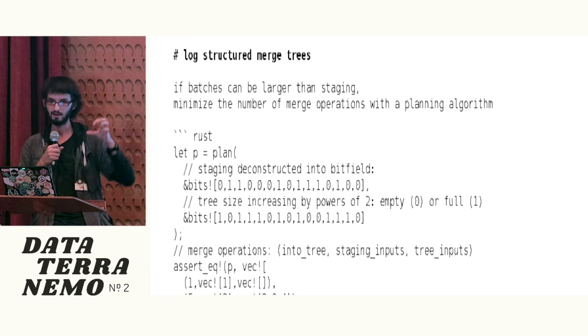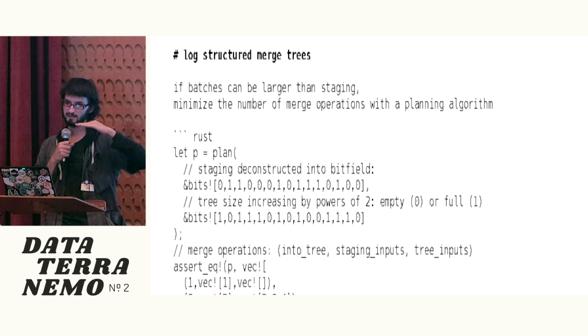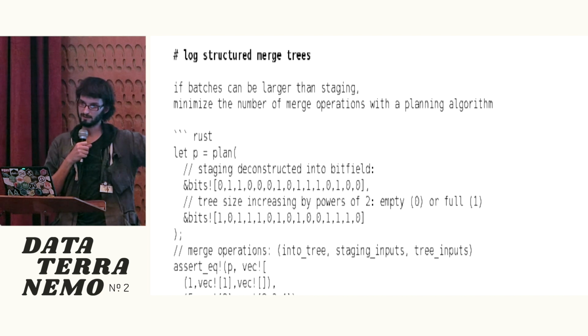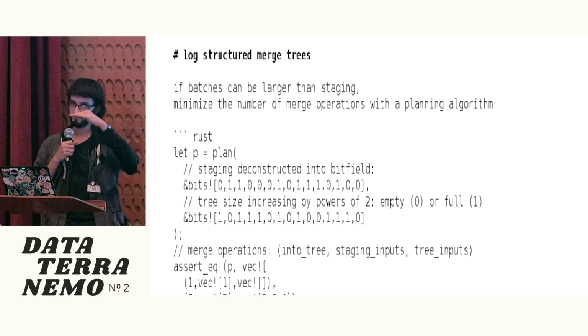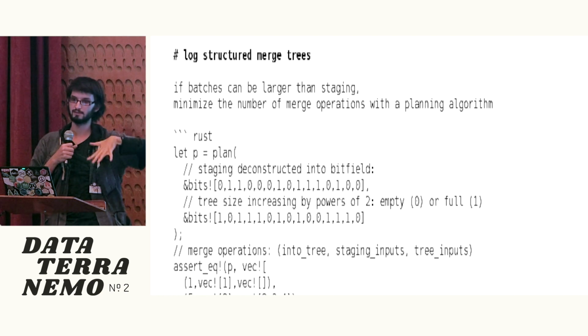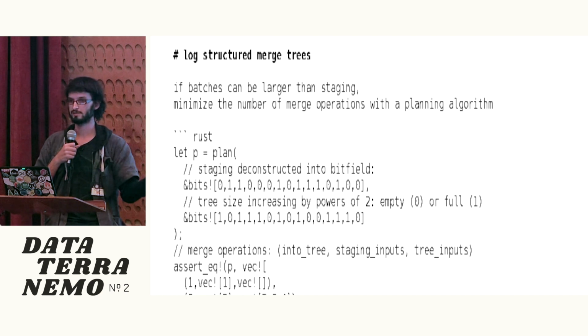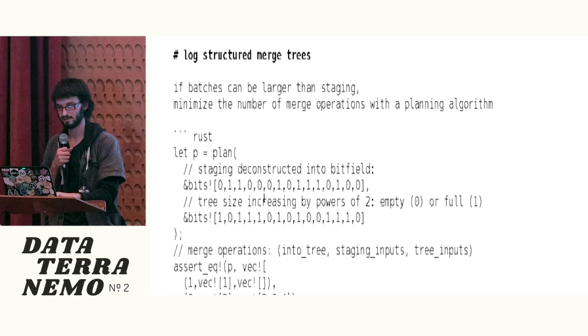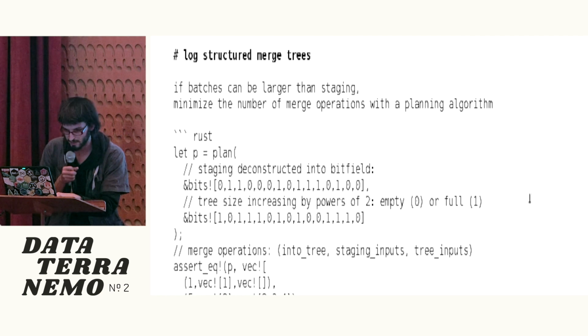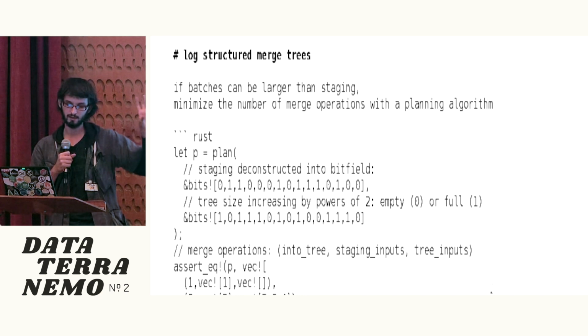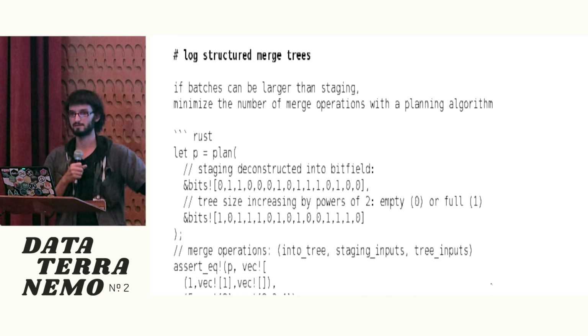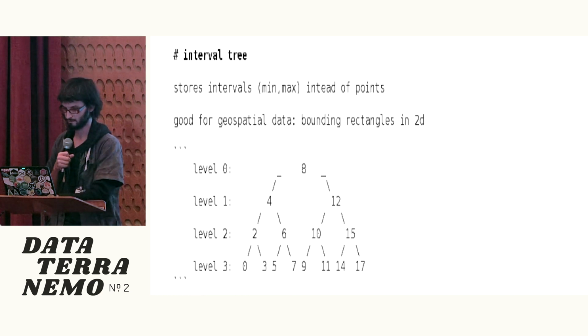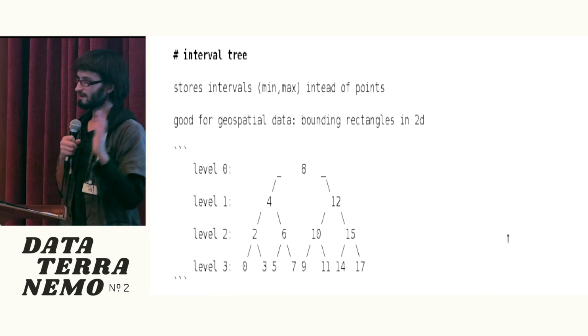So you create a mapping of, in binary, the size of all of the staging data that's about to be written in one batch in powers of 2, and you can map that directly into the vacant and occupied trees in this sort of growing forest of trees. And that's an example of this. So this is some Rust code that shows how, like the operations that are being planned that you can do.